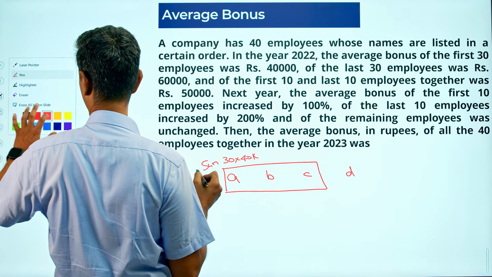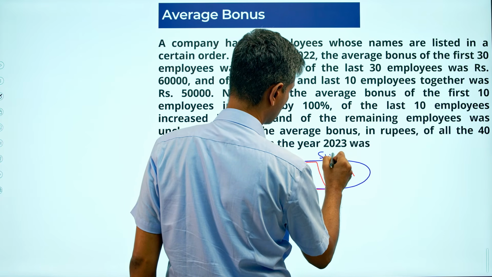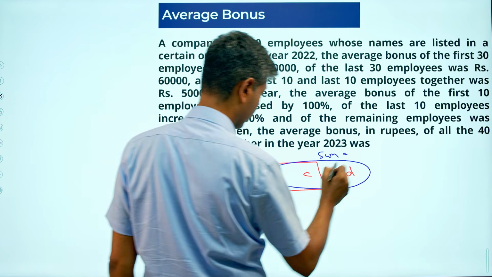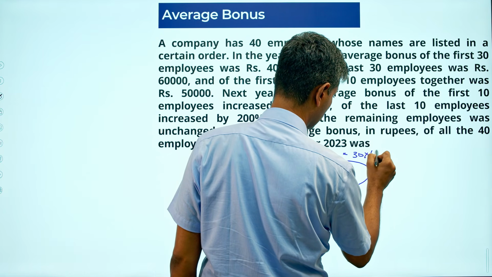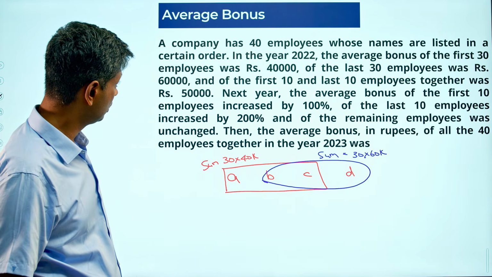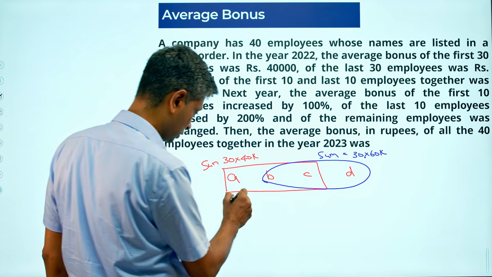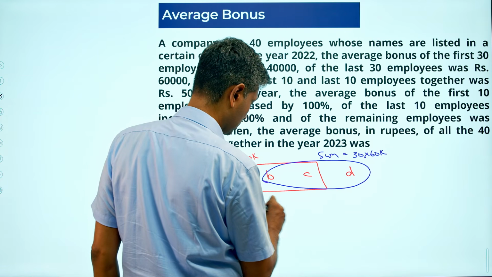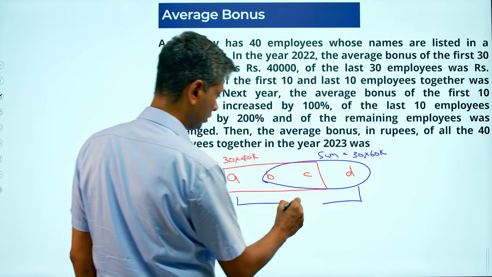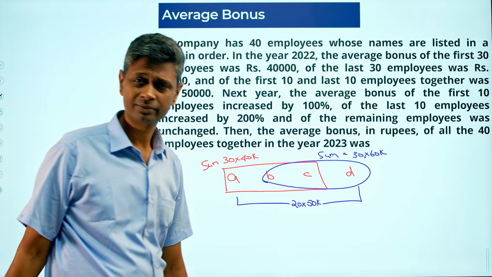B plus C plus D. Sum is going to be last 30 employees is 60K. 30 into 60K. The first 10 and the last 10 was 50,000. This plus this is 20 into 50K. Nice.